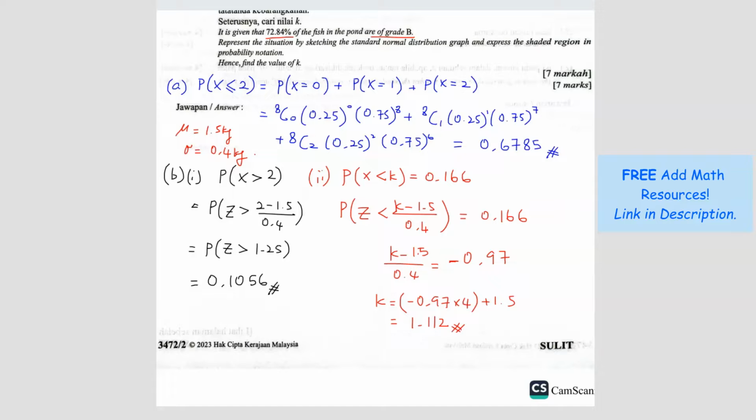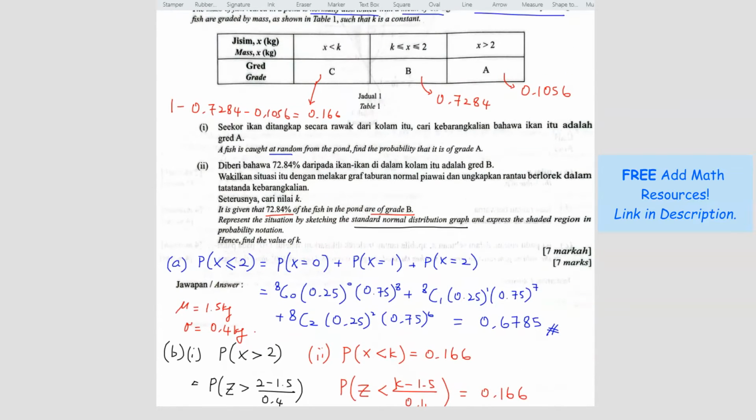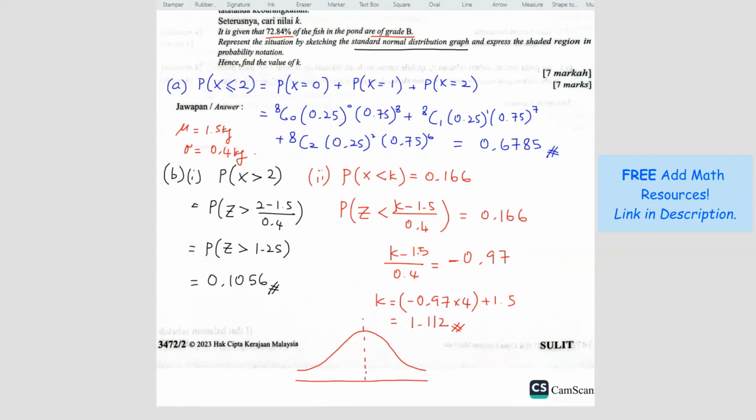One more thing, since they asked to draw the standard normal distribution graph, we have to draw that. So standard normal distribution, let me just write there. This is the center, 0. We got 3 grades, right? A, B, and C. Let's say A is here, this part.